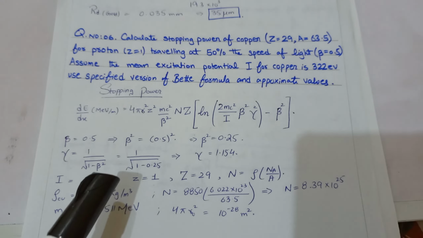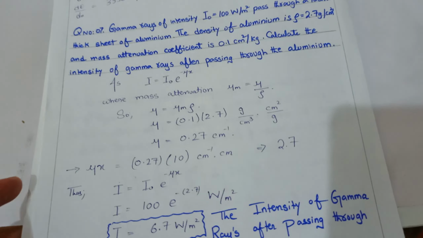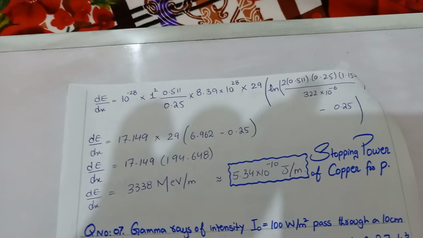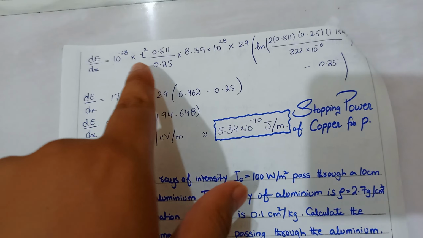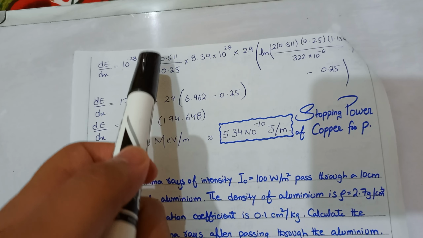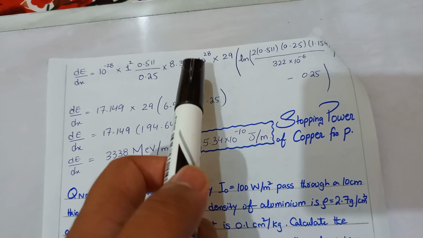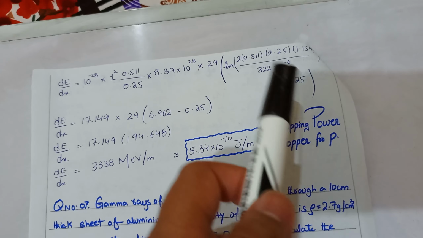Now you have to put all these variables inside your formula to calculate the stopping power of copper while the proton is traveling at 50% of the speed of light. So I am putting in all these values: 4 pi r naught square, z square, m naught c square, beta square, this is the value of capital N, and all other values multiplied.